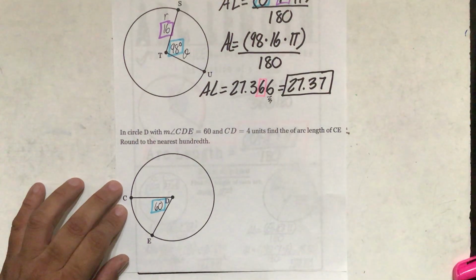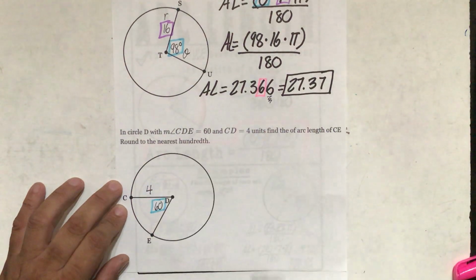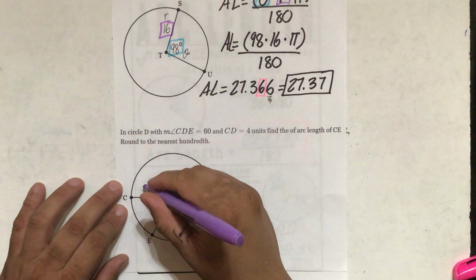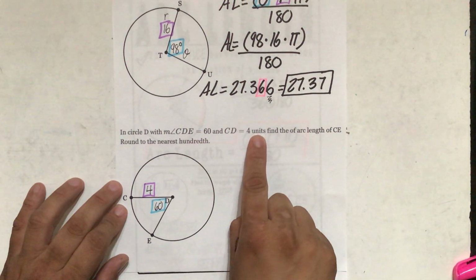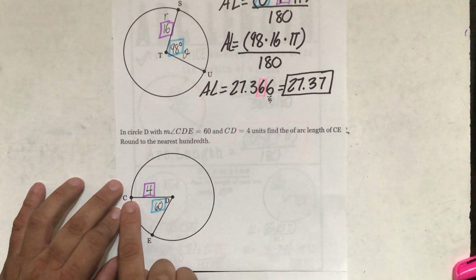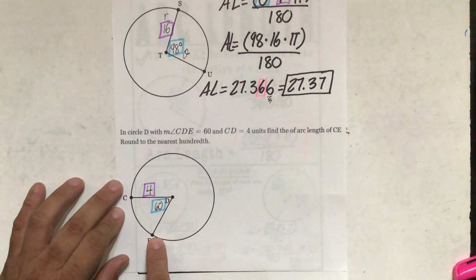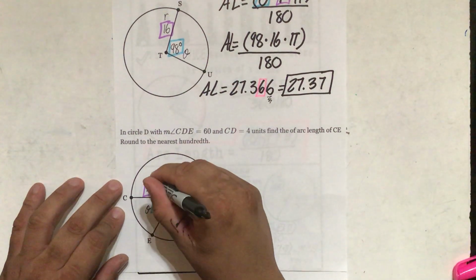And CD from C to D is 4 units. That's my radius, so I'm going to do this in purple. Find the arc length of CE. How long is this crust from C to E of this pizza slice? So I know this is my theta, and this is my R.